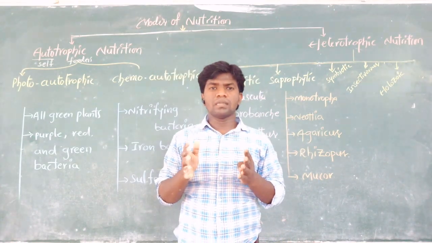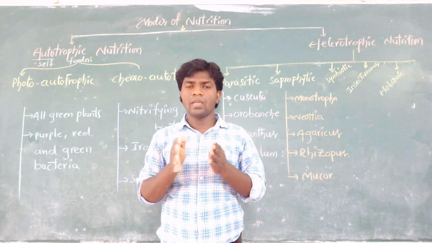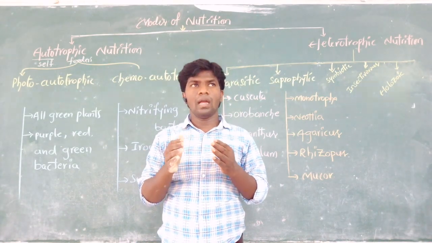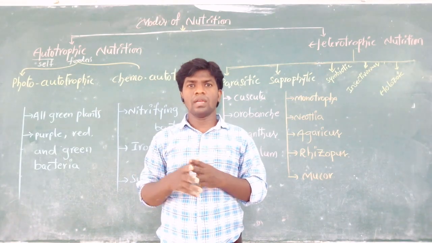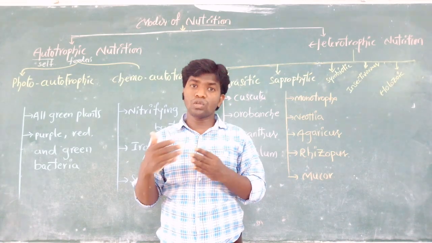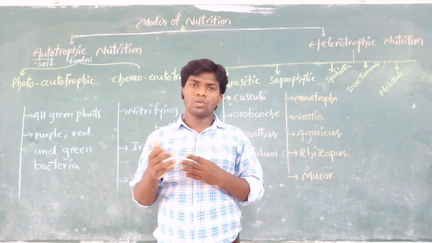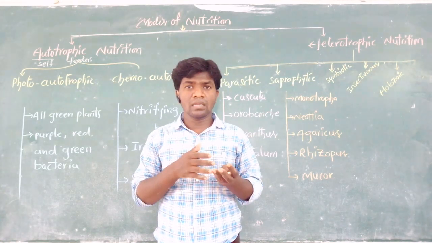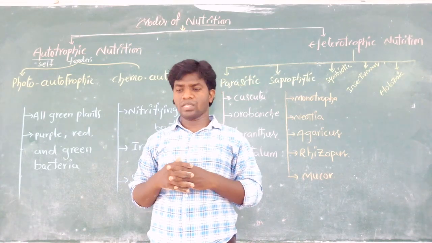The process by which green plants and some other organisms utilize sunlight to synthesize nutrients from carbon dioxide and water is called photosynthesis.